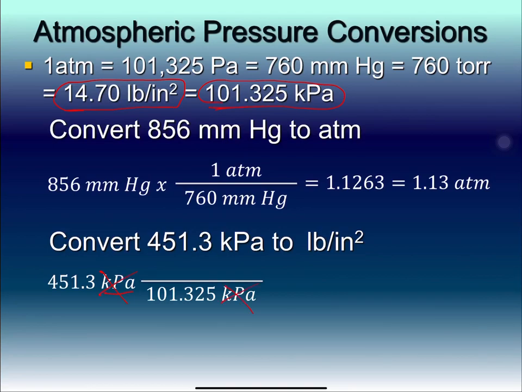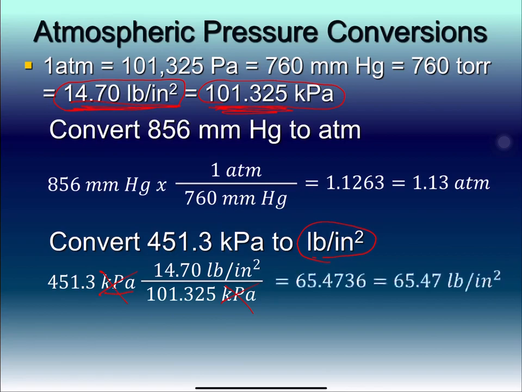And I got that 101.325. Now I want to get to pounds per inch squared, so if I look here, 14.7 pounds per inch squared equals 101.325 kilopascals, so that 14.7 goes on the top. So now in your calculator, you're going to do 451.3 times the top of the fraction, 14.7, divided by the bottom of your fraction, 101.325, and you're going to get another long stream of numbers in your calculator.